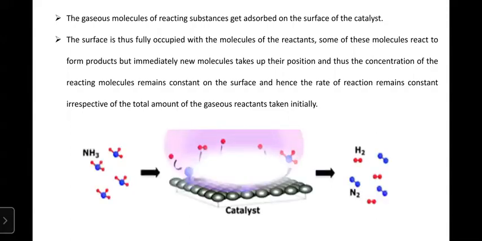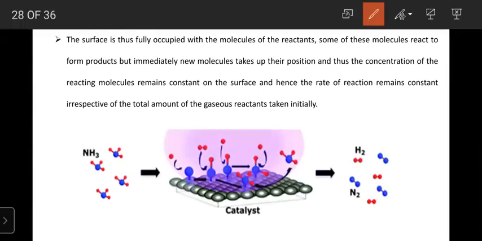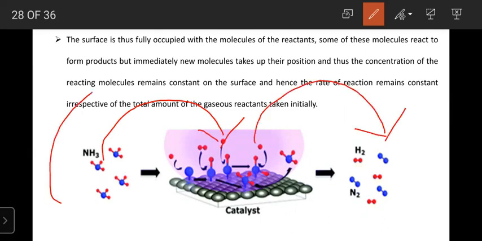And look at this image carefully. The overall process we can show like this. Some NH3 molecules initially get adsorbed on the surface of the catalyst and are converted into the respective product. Again, new molecules come, get adsorbed at the surface, and again are converted into product.